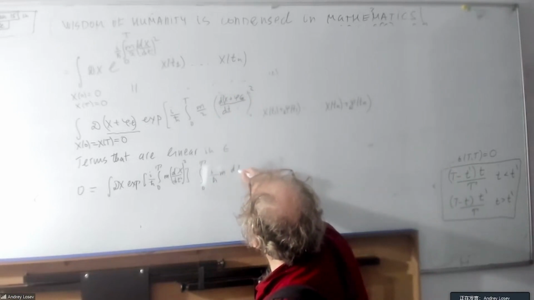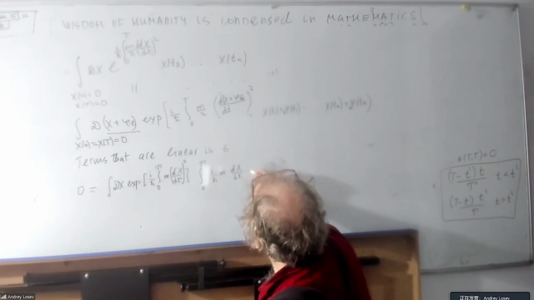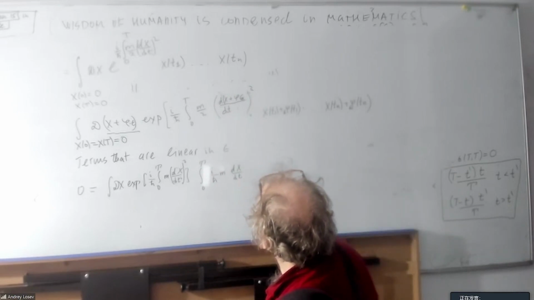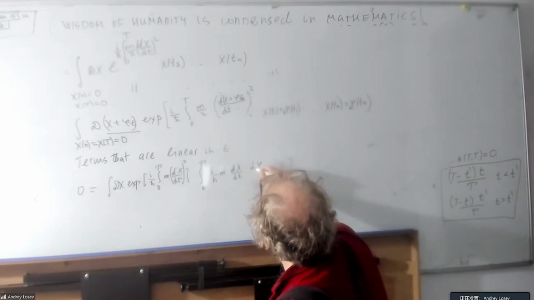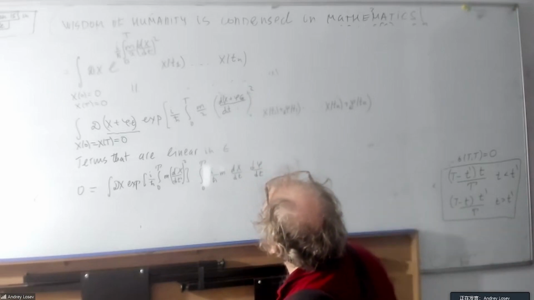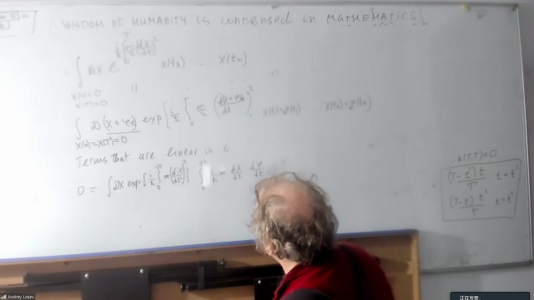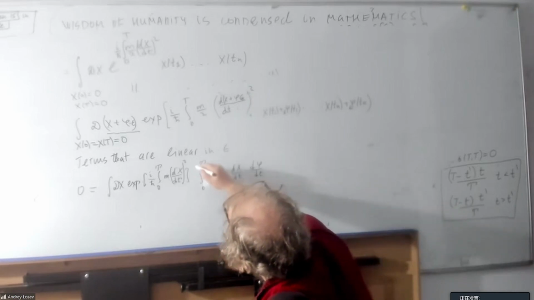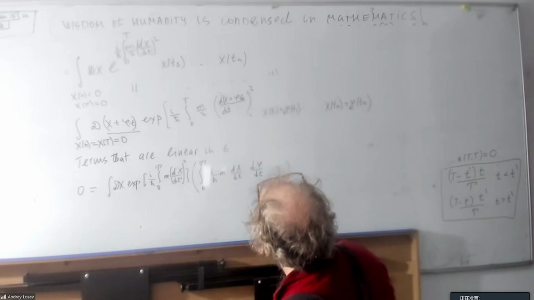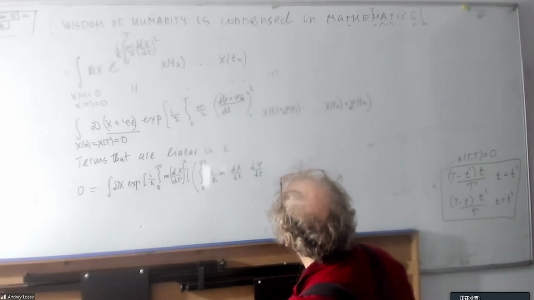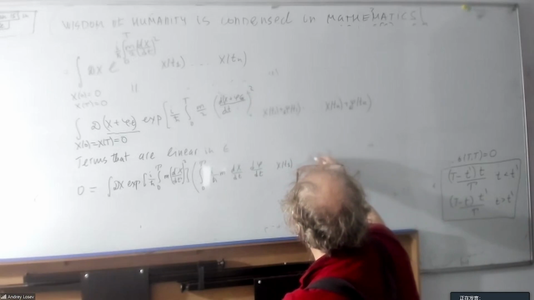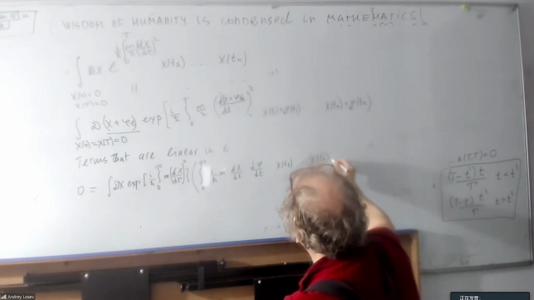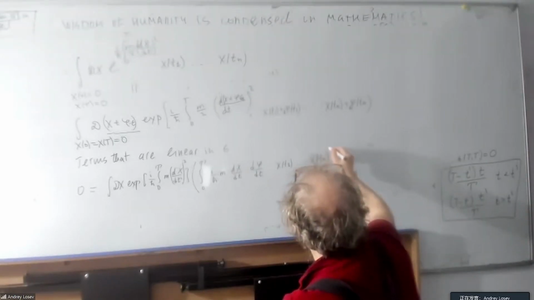So that's why here I have dx over dt and here I have d phi over dt. And here I have x at t1, x at tn. But it's not all.